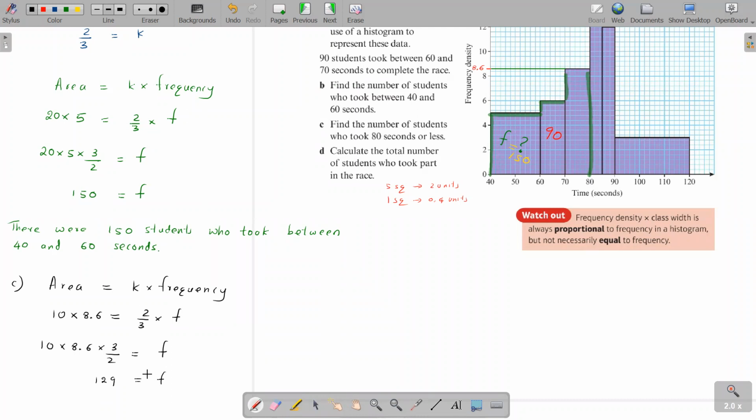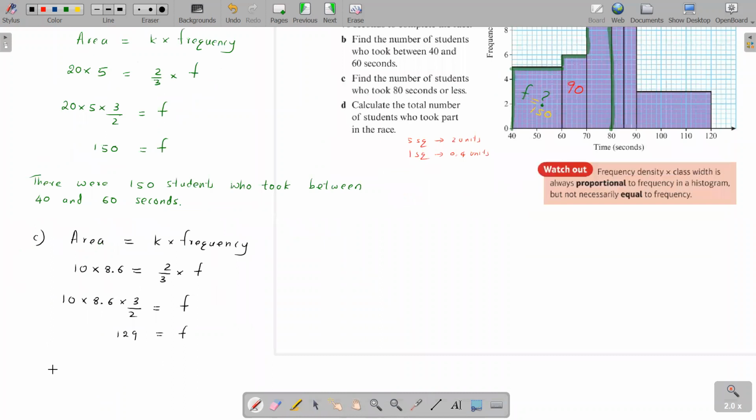Okay, and then let's get the total number of students. How do you get the total number of students who took 80 seconds or less? You have to add the frequencies in the 3 bars.